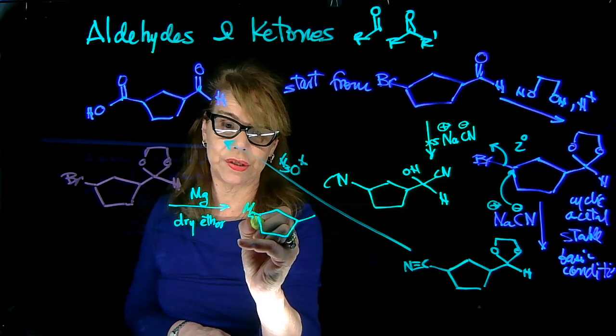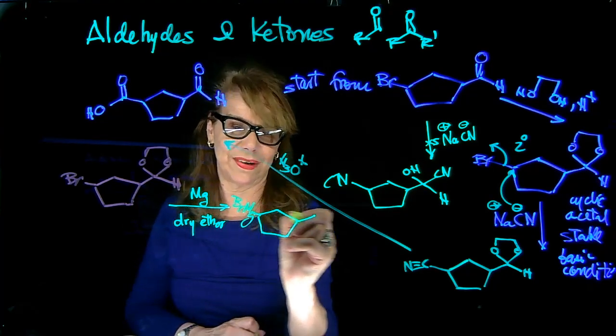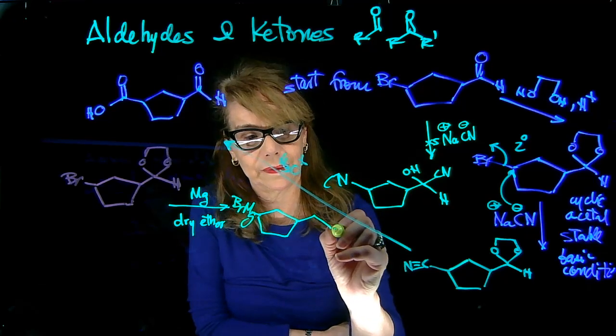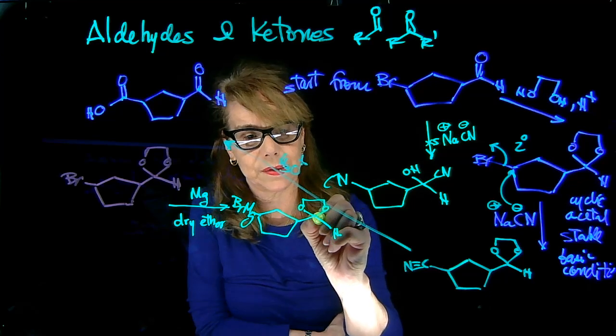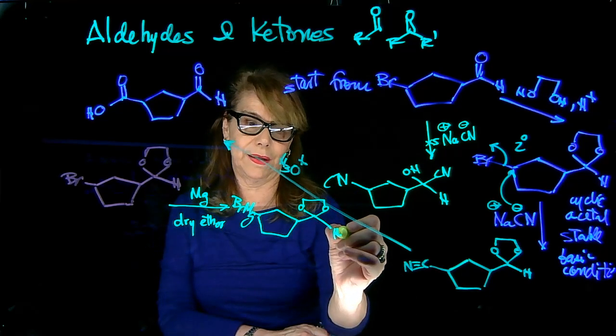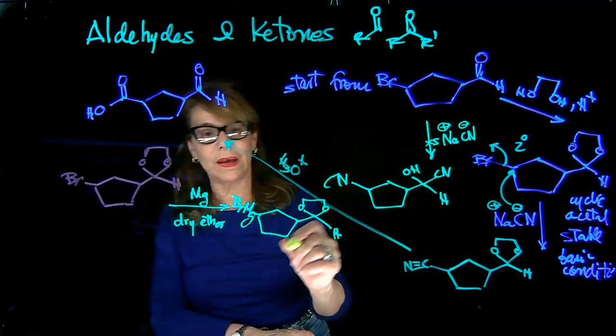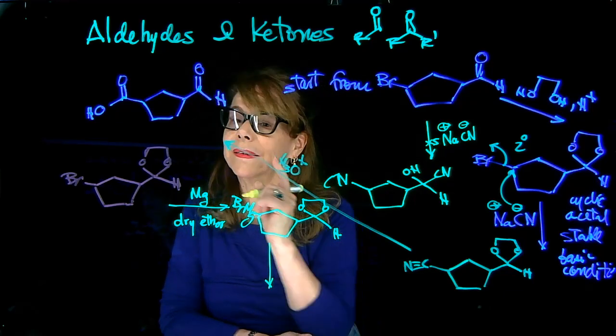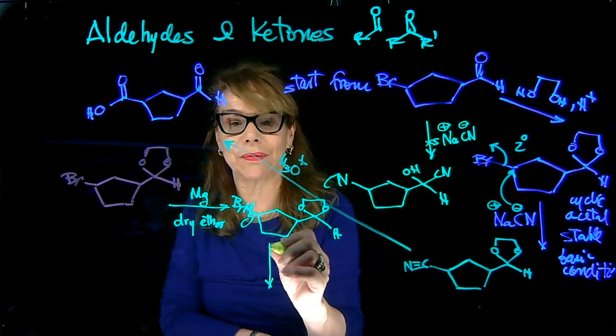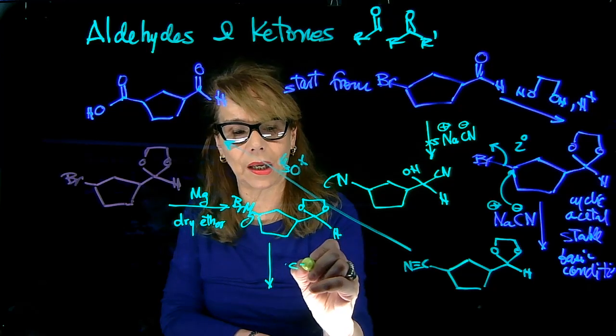This is MgBr, right? And this is still stable. We can do Grignard, acetals with Grignard, and these will stay like that. So once I have that Grignard, since I need only one carbon, I'm gonna make it react with carbon dioxide.